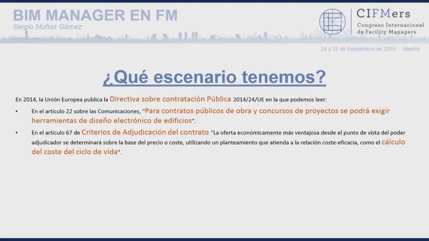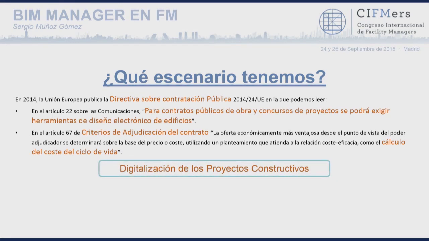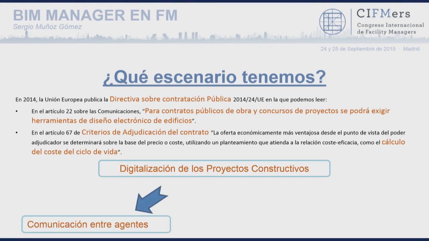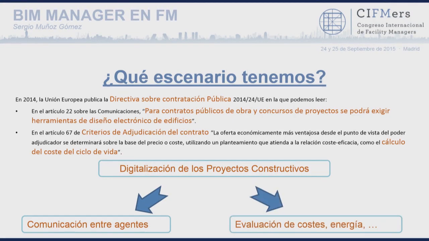Article 67 sets the criteria for awarding a contract regarding a project. It is not only the cost that is taken into consideration, but the cost of the life cycle of the project, managing facilities. So we know that we have to have a numeric approach, digital data of the project, because we need communication among agents, but we also need a priori to assess costs, to assess the energy of the whole life cycle.